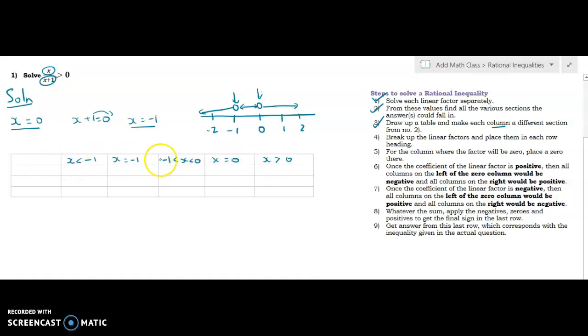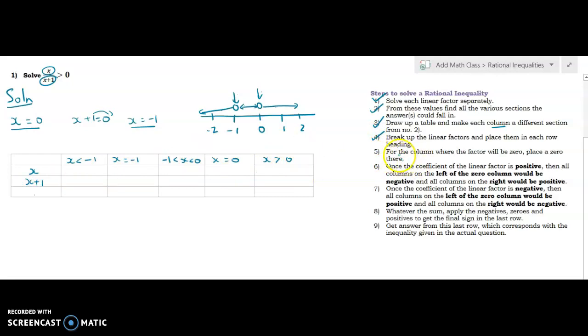So those are my 5 different sections to complete this step here. Now I'm going to break up the linear factors and place them on each row heading. So the rows are here, 1, 2, 3. So the linear factors that I had were just x and x plus 1. So this one is going to be x, this one is going to be x plus 1. So that is finished, right?